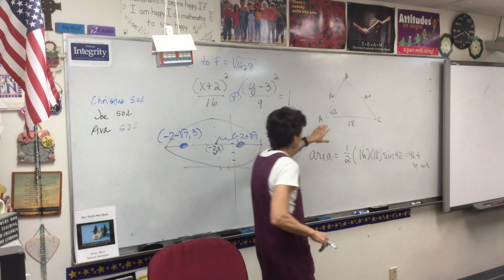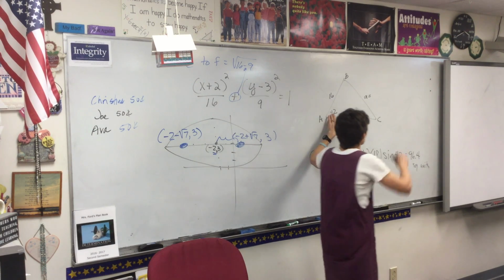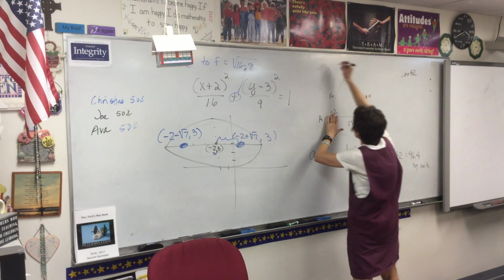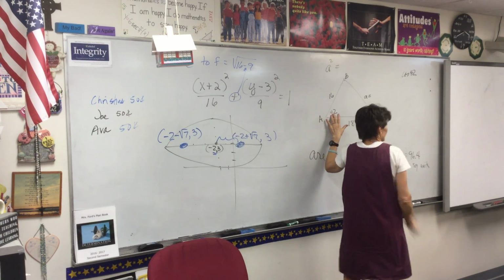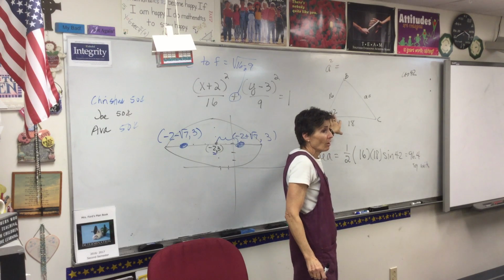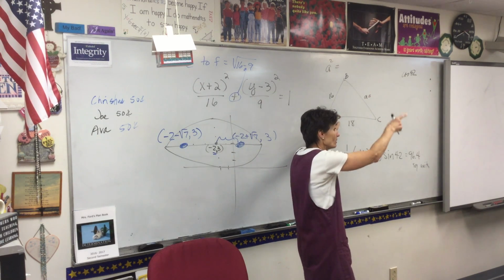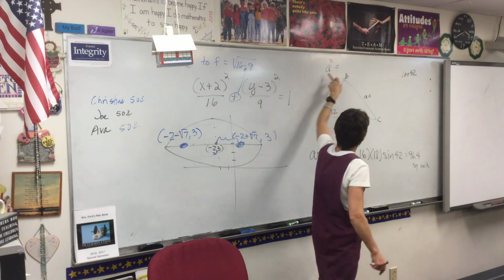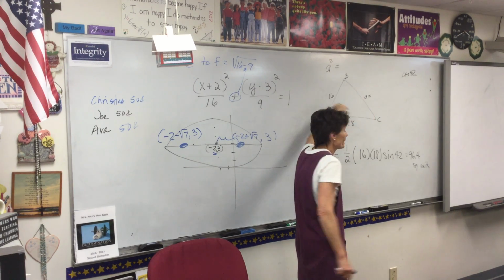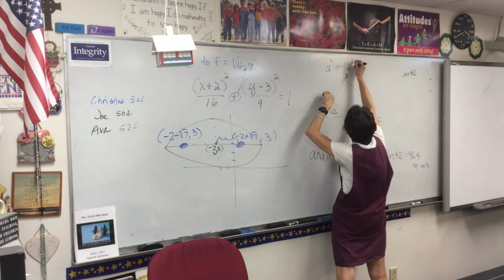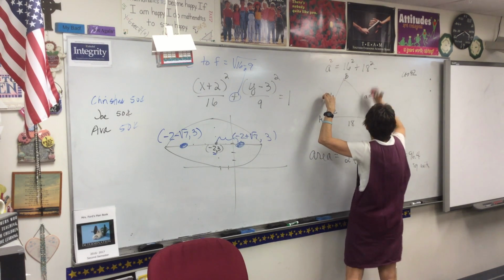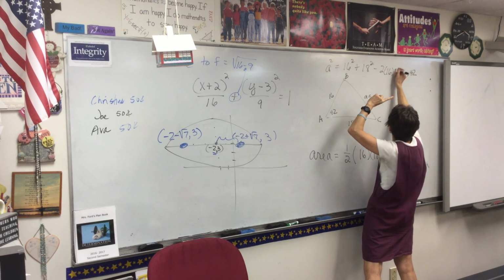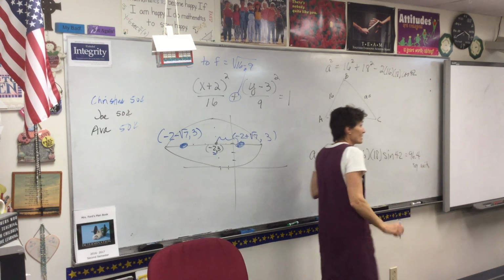So the law of cosines, if I'm going to use this angle, cosine 42 is on this end, and a squared is on this end. Remember, when you're doing the law of cosines, the angle goes on one end, and the side opposite that angle goes on the other end. Now, what goes in the middle? 16 squared plus 18 squared minus 2 times 16 times 18 times cosine 42.